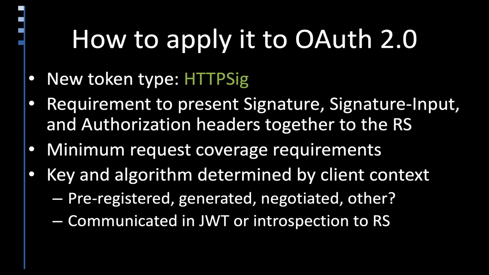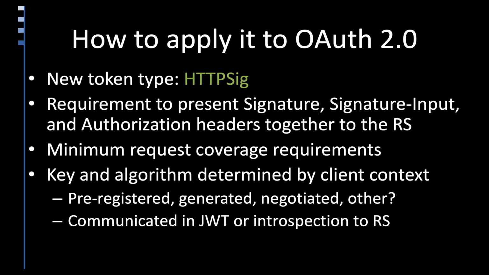All right, so how do we then take this and apply it into OAuth 2 or other security mechanisms? My proposal is that we have a new token type, the HTTP SIG token type, and we require to present the signature input, signature, and authorization headers when you're using that token and sending it to the RS. This should also have a minimum set of message coverage requirements.